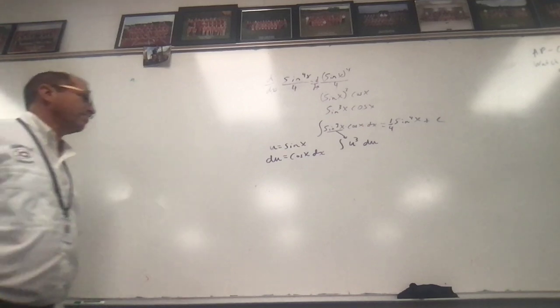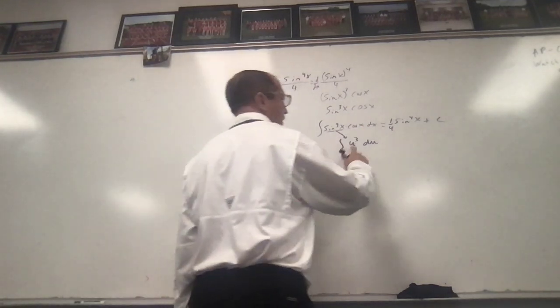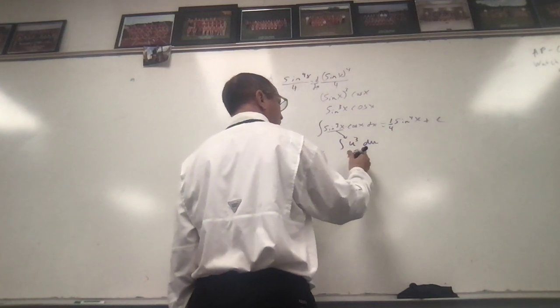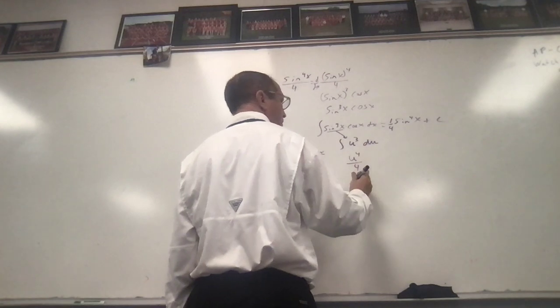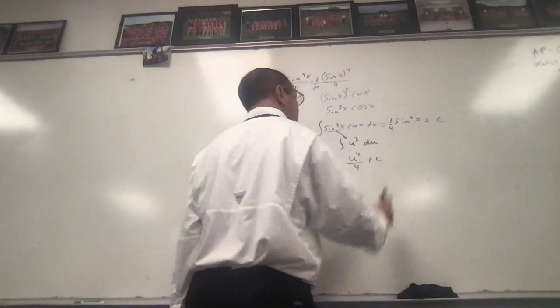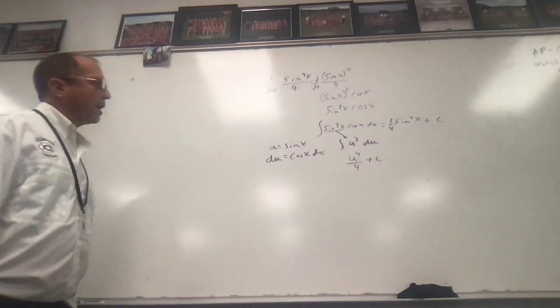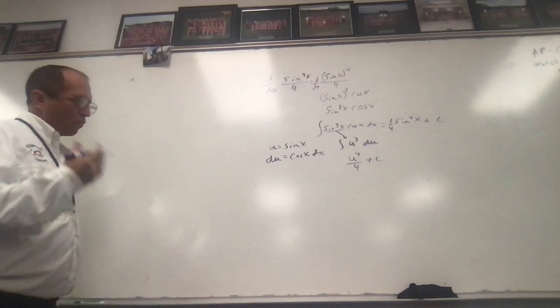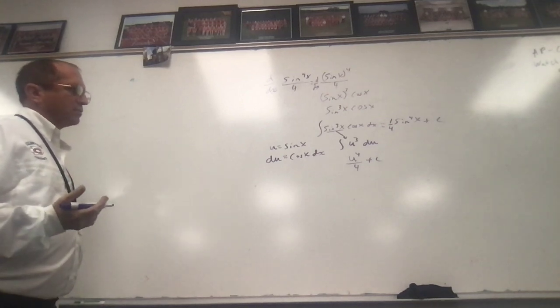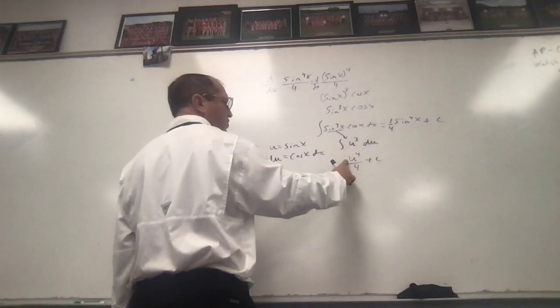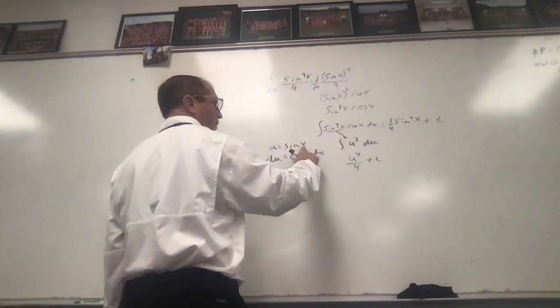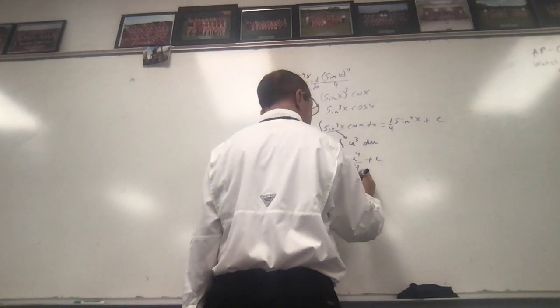Well, how would I anti-differentiate u to the third? Well, it becomes u to the fourth over 4, right? Plus some constant. But now we have to take into consideration what was the original problem. The original problem was in terms of x, so I take this u value and in its place put sine of x.